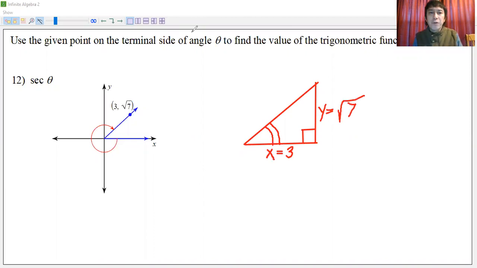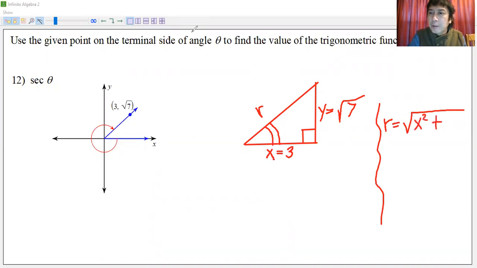So both numbers are positive, and the secant will involve the hypotenuse r, and it's not there yet. So we will again compute for r, the same formula we had a while ago. We shall now substitute x and y in the formula.